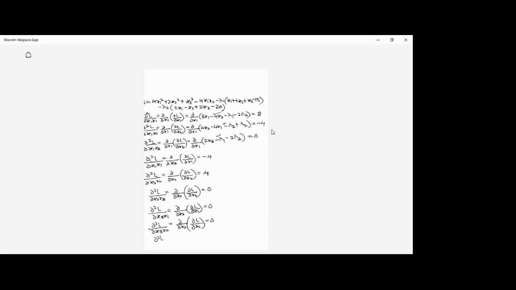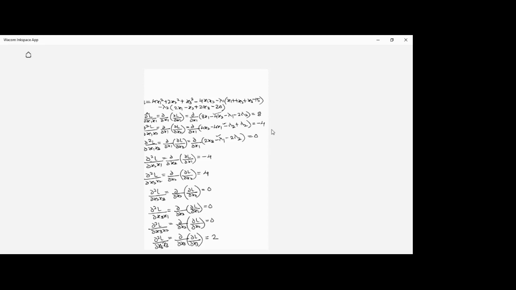So lastly, ∂²L/∂x3∂x3 is ∂/∂x3 of ∂L/∂x3, and the value here will come out to be 2, right?